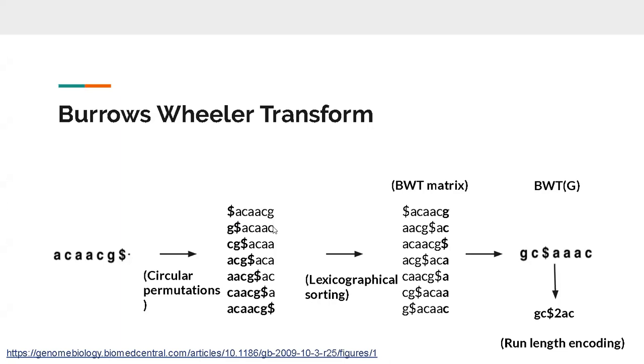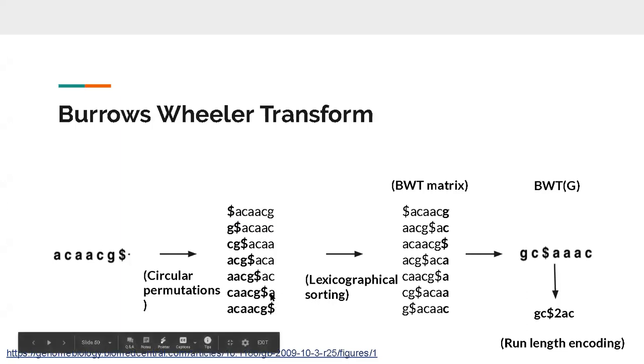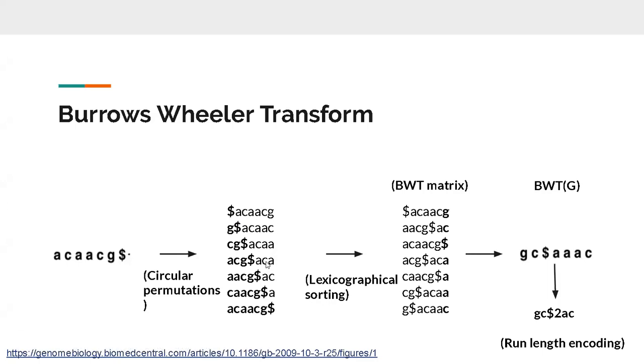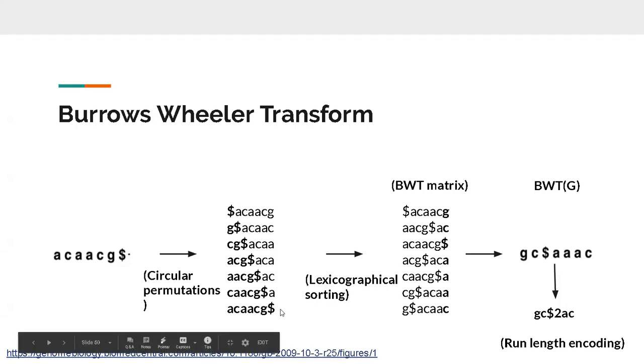Next iteration, I will put my G in the beginning. Now C becomes last. I will put it again in the beginning, and I will repeat this exercise till the time I have shifted everything which was there initially in the string to the first position. Is it clear? Yeah, thank you.